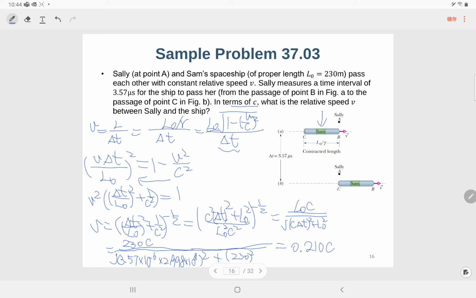Actually, if you just plug in delta t there, maybe you can just calculate it by v equals L over delta t, 230 divided by 3.57 times 10 to the minus 6. So let me check.